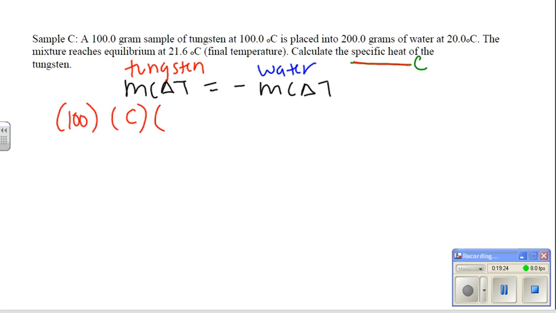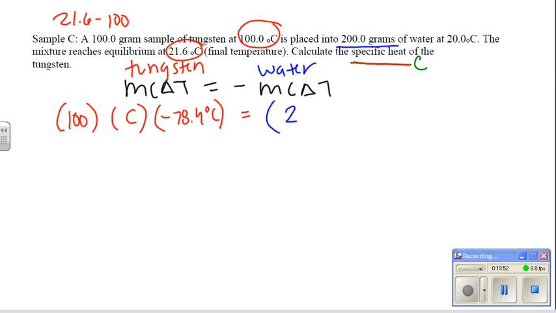Now, I do know delta T this time, which is nice, okay? They gave me that final temperature, and I know the initial temperature. So remember, it's final minus initial, so it'll be 21.6 minus 100. So yes, I'm going to get a negative temperature here. It'll be negative 78.4 degrees Celsius. Okay, this is equal to the mass of the water, which it tells me is 200 grams.